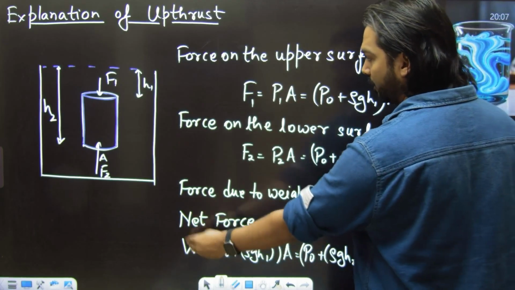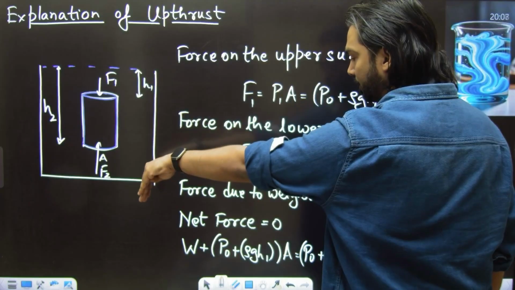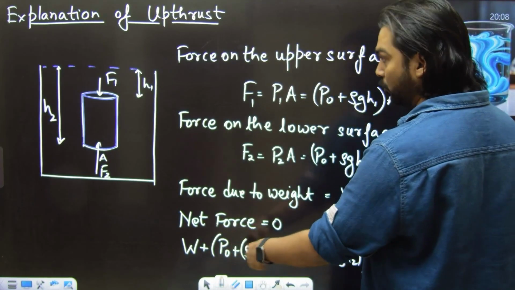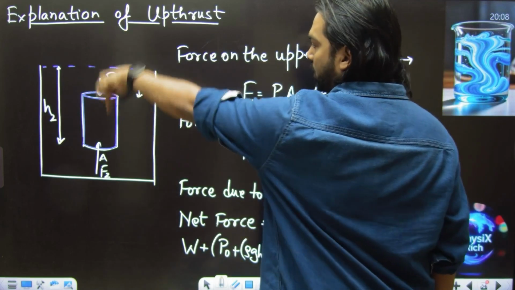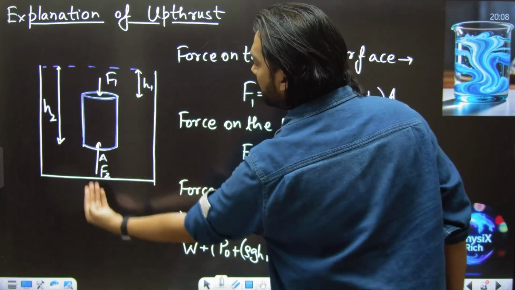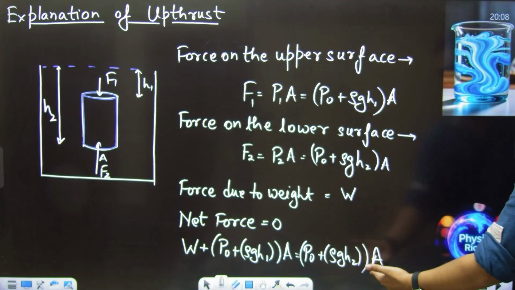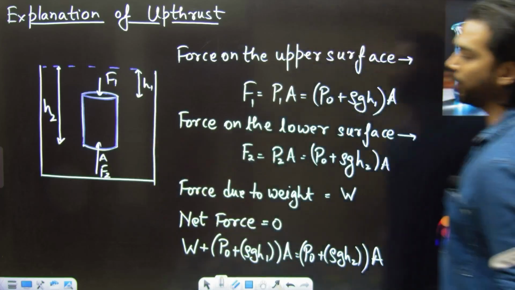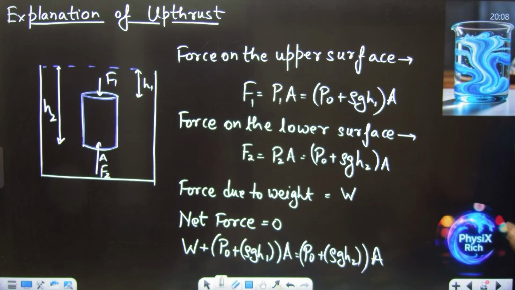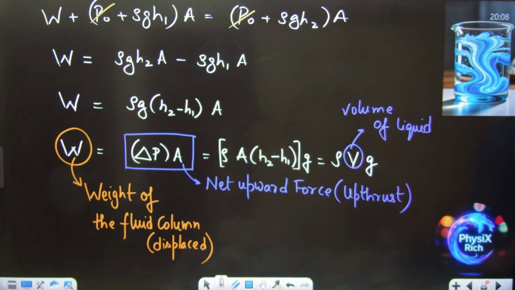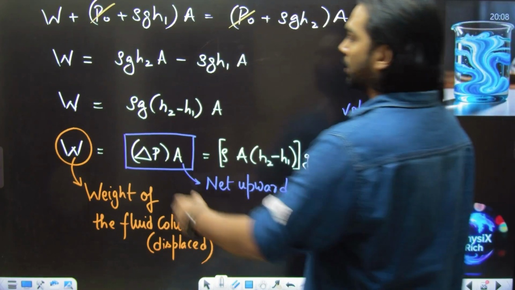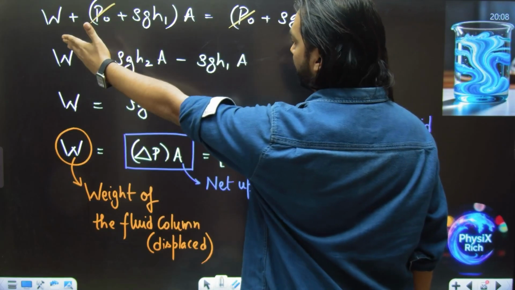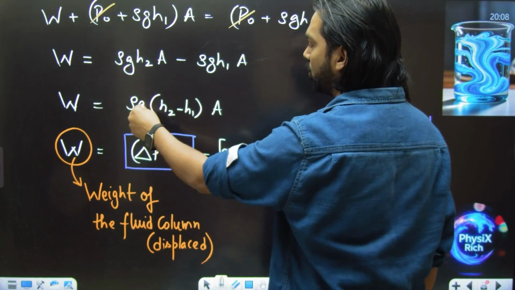So the weight, which is acting downward, plus this downward force due to pressure on the upper surface, should be equal to the upward force due to the pressure at point A. If we calculate this, the weight will come out to be equal to rho g delta h A.